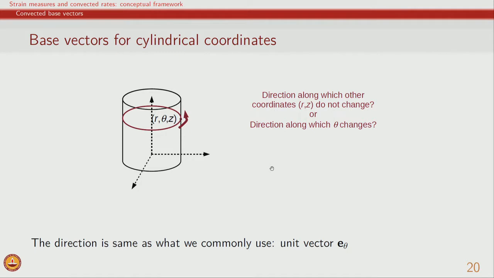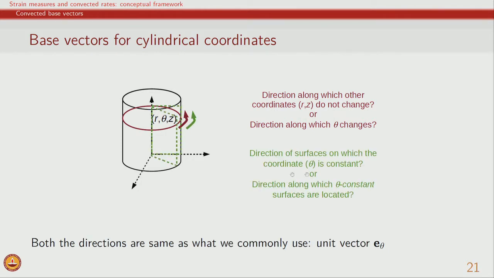So, now we could ask the next question, which is related to surfaces, and here we could again ask the direction along which theta constant surfaces are located. So, this is one theta constant surface and then this is another theta constant surface, and you can see that if we go in this direction we will encounter different theta constant surfaces, and the normal vector to these surfaces is again going to be in the direction of E theta.